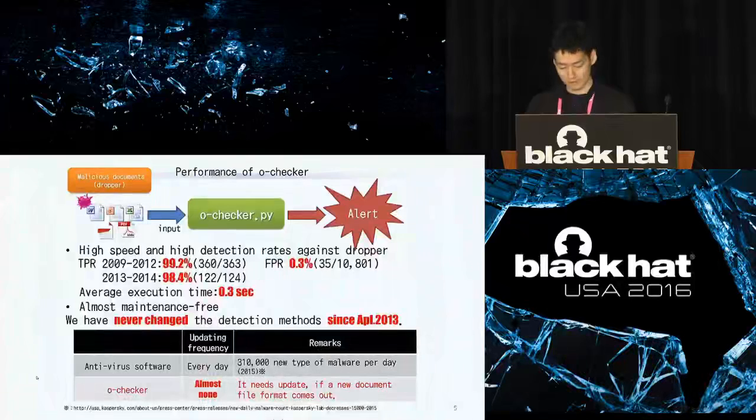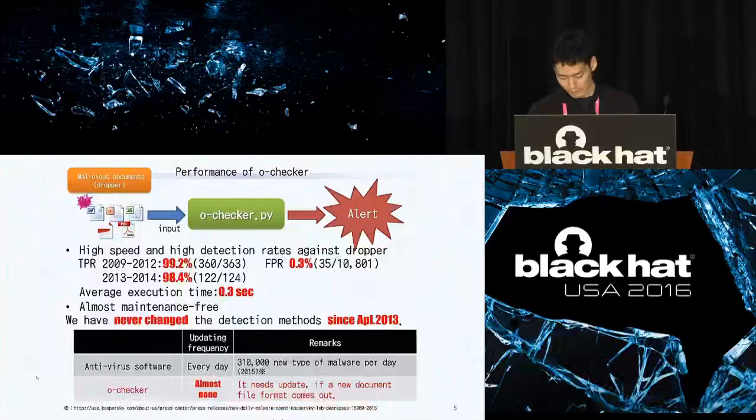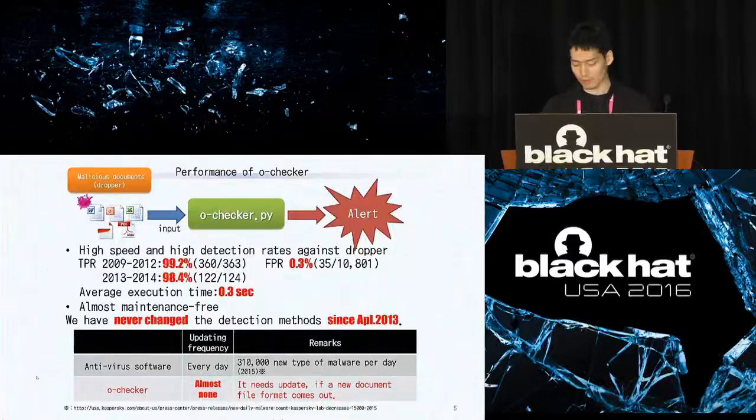So it is safe to use. And the result is independent of analysis environment. O-Checker focuses on the deviation from document file format specification. The specifications are stable and available in open source. O-Checker can detect document malware with a fairly high rate.